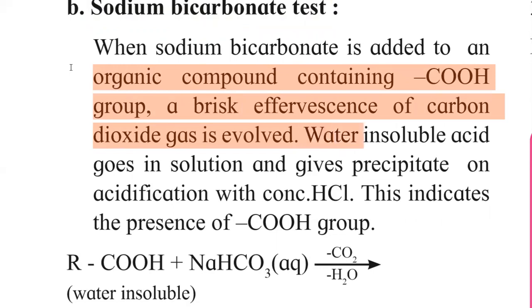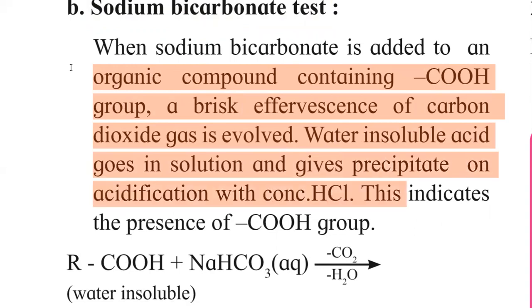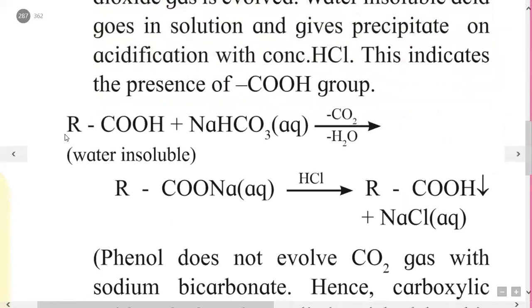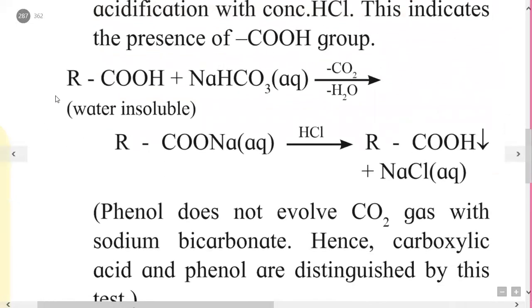The water soluble acid goes into solution and gives a precipitate, which on acidification with concentrated HCl gives again the carboxylic acid. This test indicates the presence of the carboxyl group in carboxylic acid.